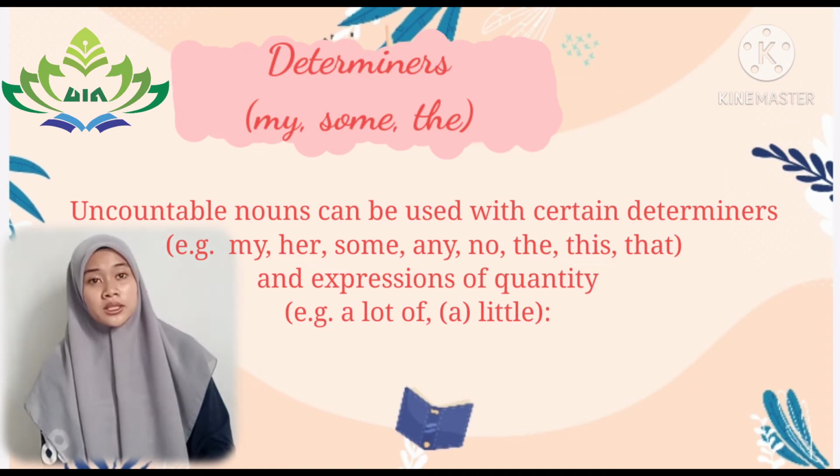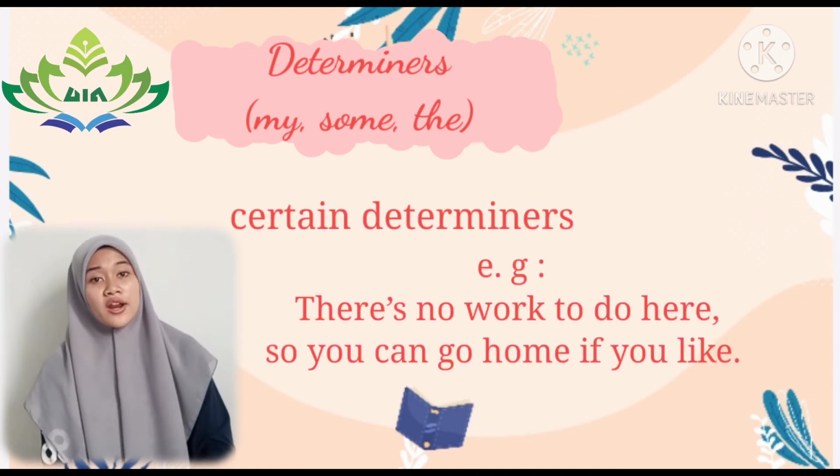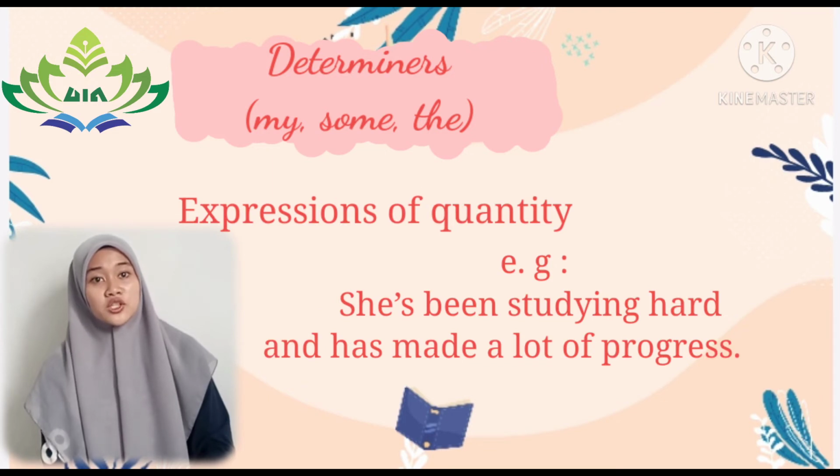For example, a lot of and a little. For example, certain determiners: there is no work to do here, so you can go home if you like. For example, expression of quantity: she has been studying hard and has made a lot of progress.